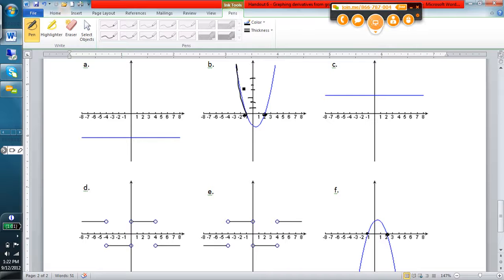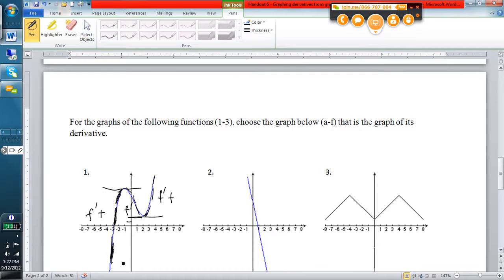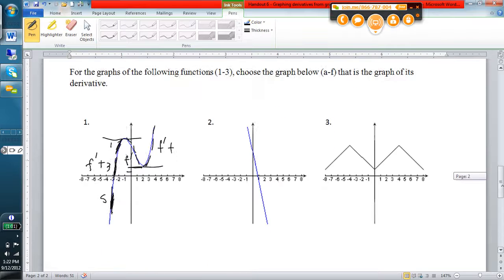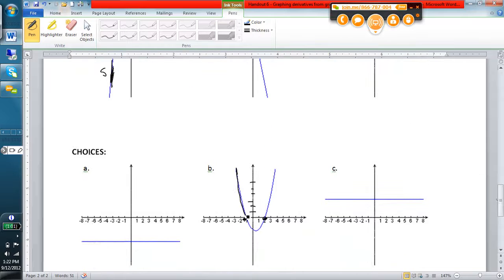So if you want numbers, this is like +1 slope right here, 3 slope, 5 slope, just estimating, but that translates over here to +1, 3, 5, you see. That's looking pretty good. What about the other side?